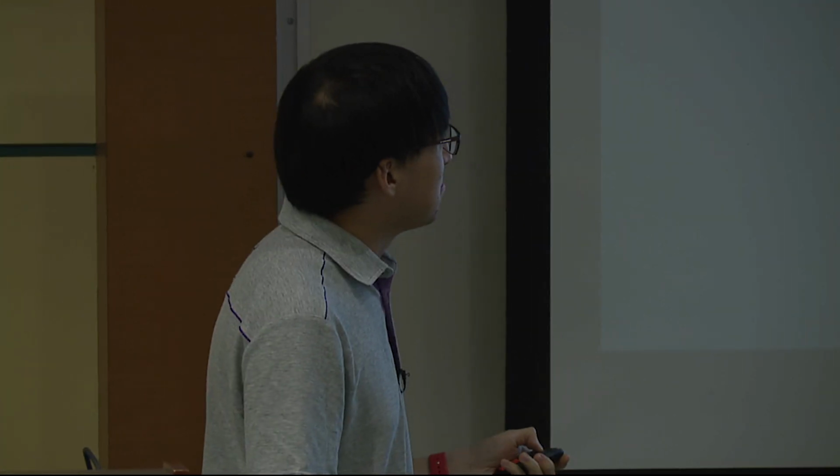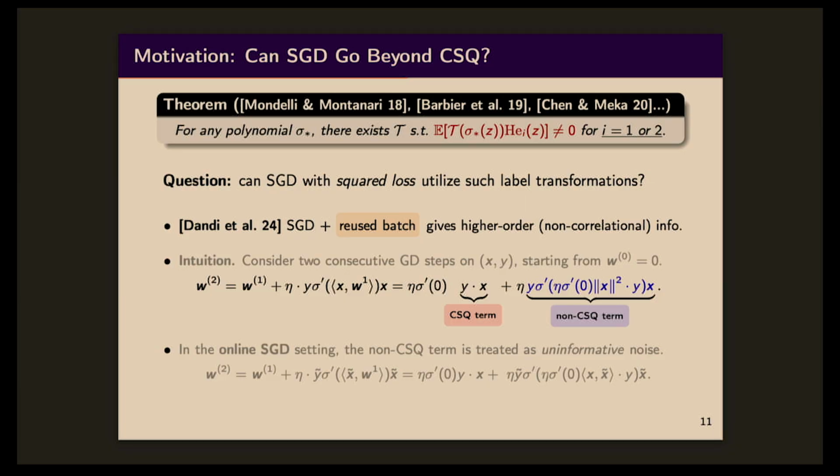Okay. So just to give you a very quick sketch, let's consider taking two consecutive gradient descent steps on the same data x and y. I'm going to omit the initialization, so I'm starting from 0. At the second step, you'll be adding the gradient that's evaluated from the first step, W1.